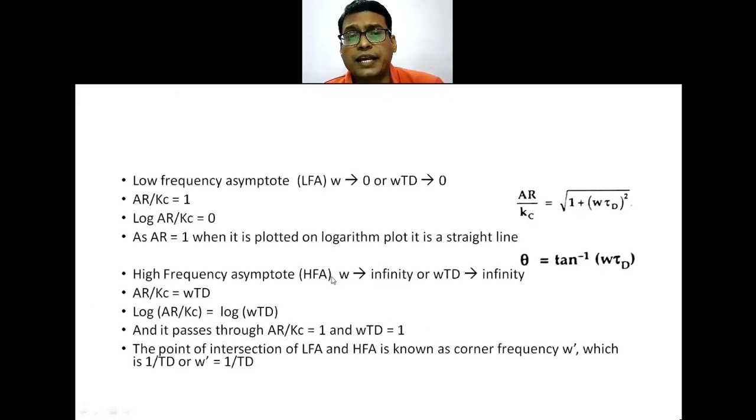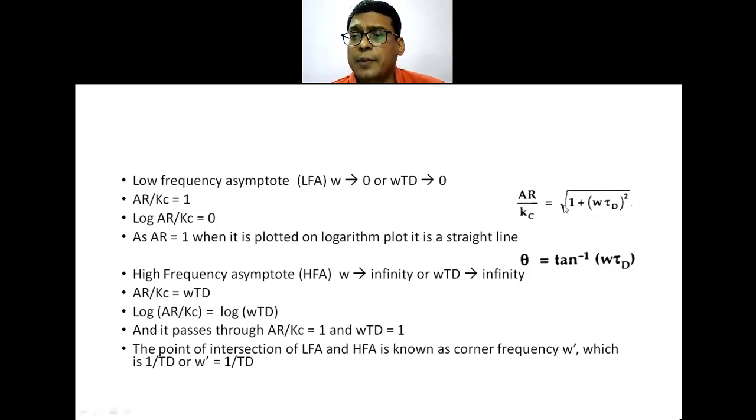For plotting this, we calculate the low frequency asymptote, where omega tends to 0. It is not actually 0, but it tends to 0, so it will have very low values. So omega tau d also tends to 0.